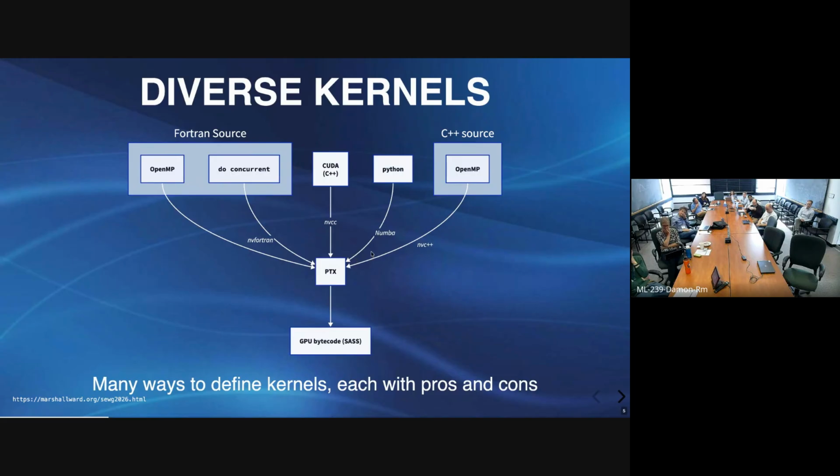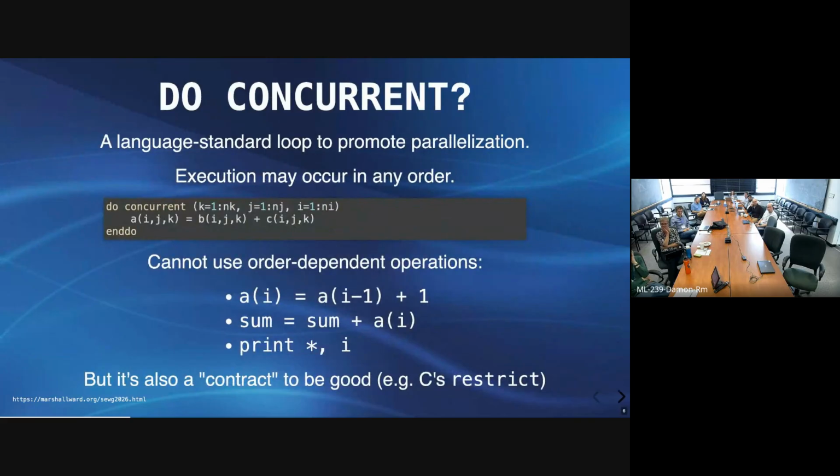All these things do eventually translate in their own way to the GPU bytecode. But the one I want to really talk about is do concurrent. And first of all, is it a kernel, and is it viable for us? If people aren't familiar, do concurrent is not terribly new, I mean 20 years old, but it is a newer feature in Fortran.